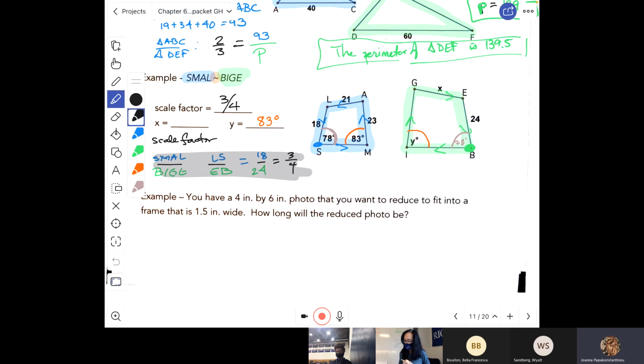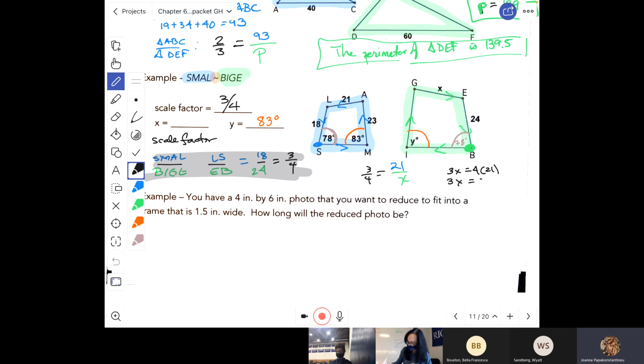Okay, so now that I have my scale factor, I can find X. So I'm starting with my scale factor, and I'm setting that equal to, if I'm looking for X, what is the corresponding side in the blue? Okay, and then I'm just cross multiplying. And what is X?